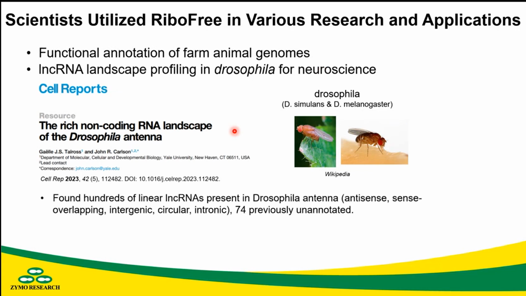A sneak peek of their main discoveries is that this group found hundreds of linear long non-coding RNAs present in the Drosophila antenna. Among these, 74 were previously unannotated. This means that this group of researchers successfully identified novel linear long non-coding RNAs in their study.